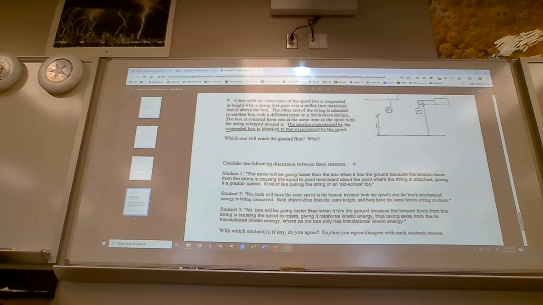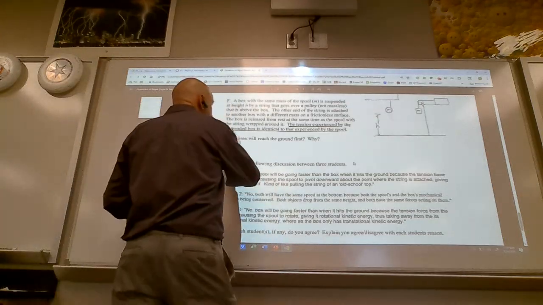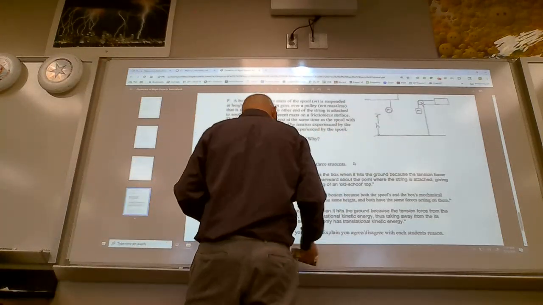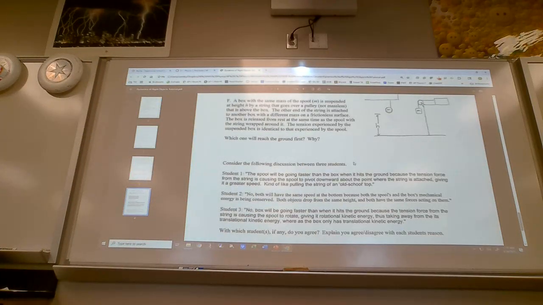Let's do this. Have a conversation amongst yourselves. Which one's going to reach the ground first and why? If you look at the free body diagrams, it takes inertia to get it going. Gravity would definitely act. Yes, it has a moment of inertia. Okay, so we got that. They have the same body diagrams.